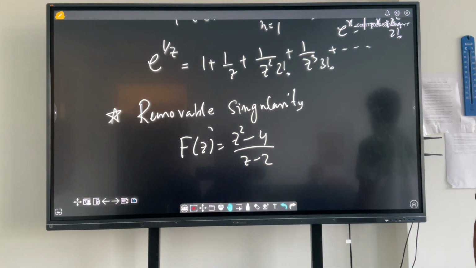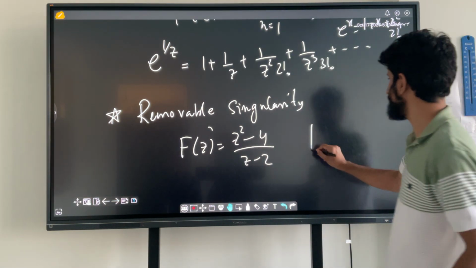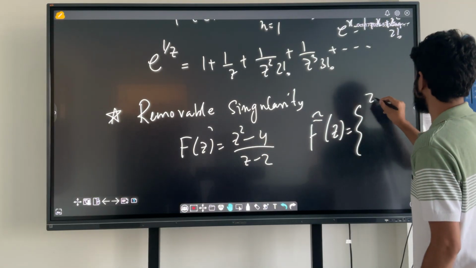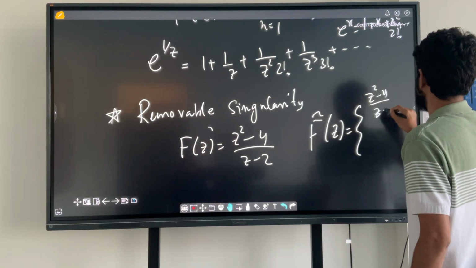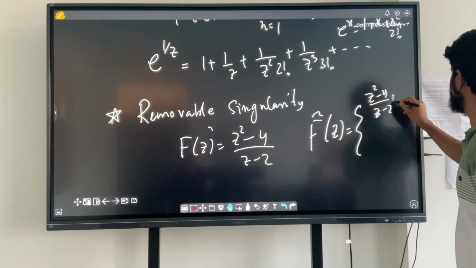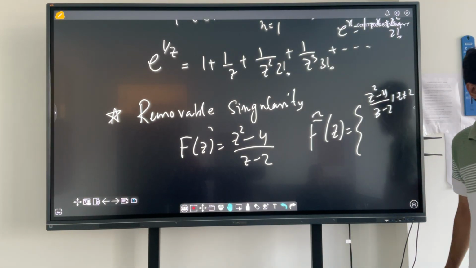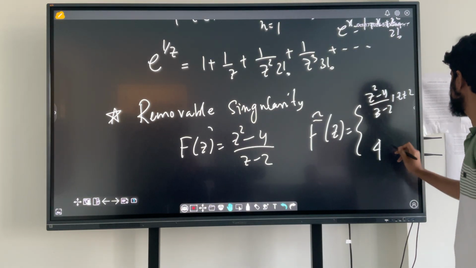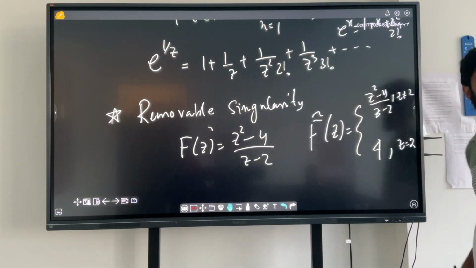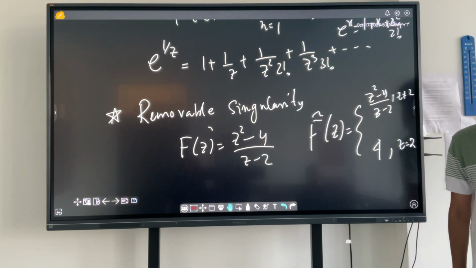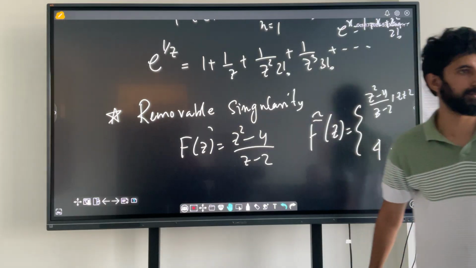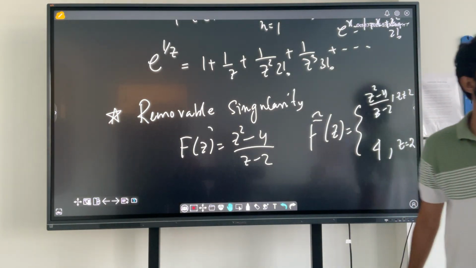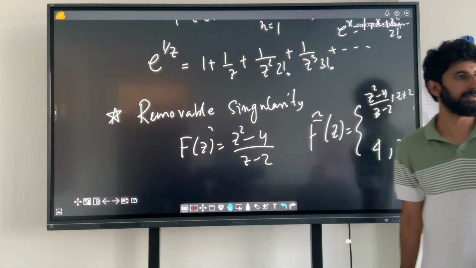But what if I redefine the function, f tilde of z, as this value if z is not equal to 2, but at z equal to 2, it takes the value 4. Then the function has all the nice properties that you need for an analytic function. So this is a removable singularity.